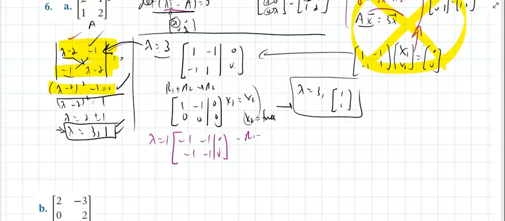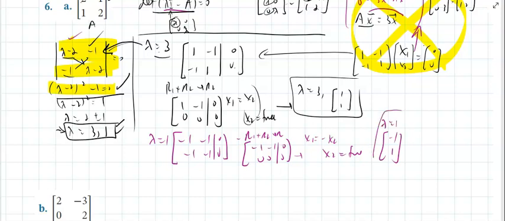Take negative row 1 plus row 2 in row 2. That means x2 is 0, right? And isn't x1 negative x2? So the vector there is negative 1, 1, corresponding to lambda equal 1.